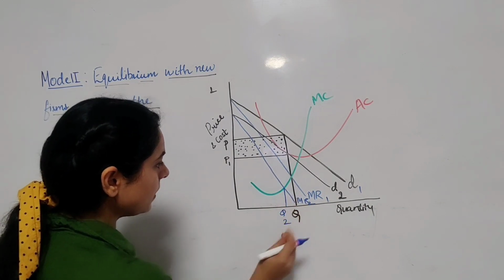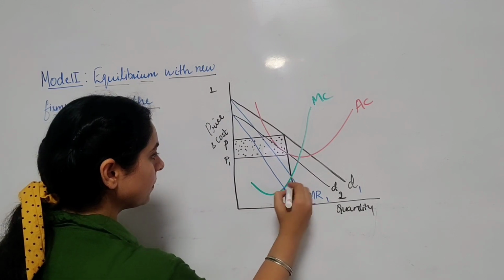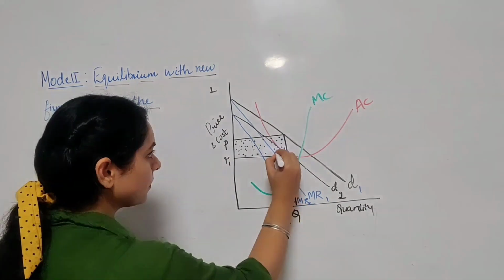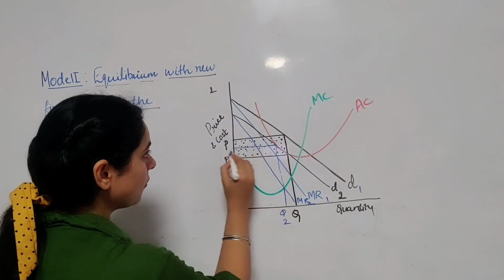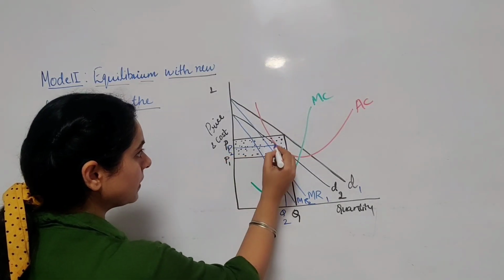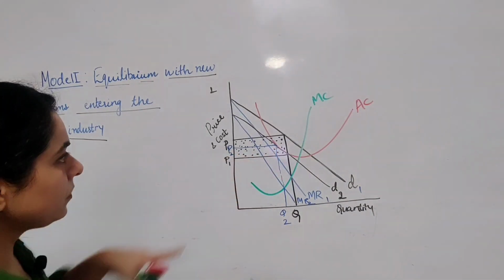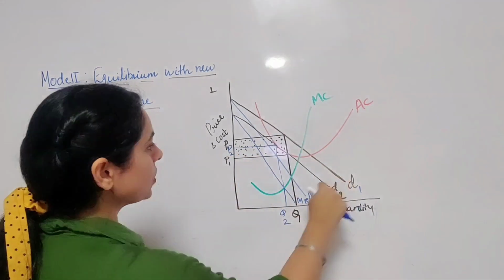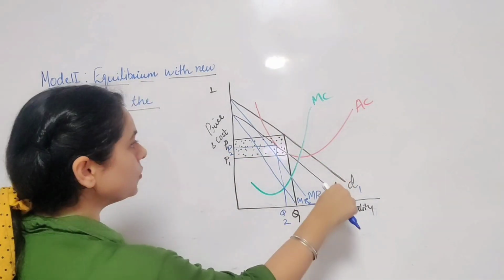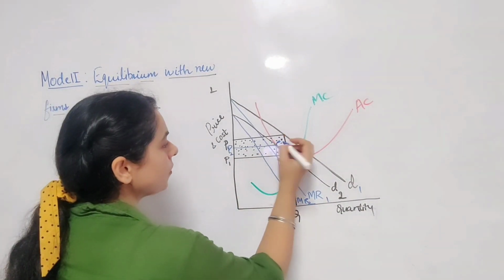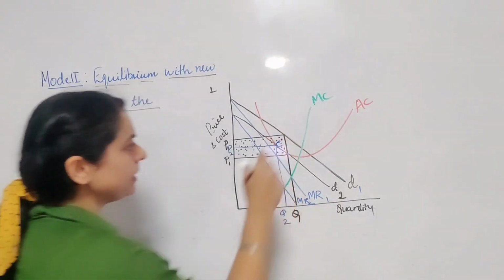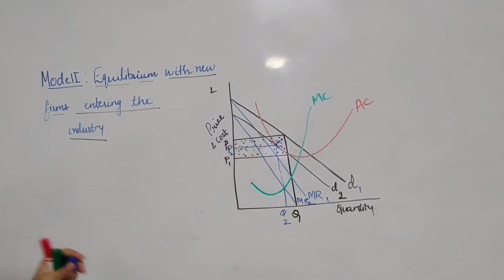So the new quantity is Q2 with the price of P2, and at this point average cost curve is tangent to demand curve D2. So this will be the long run equilibrium point for the firm. This point E will be the long run equilibrium point.